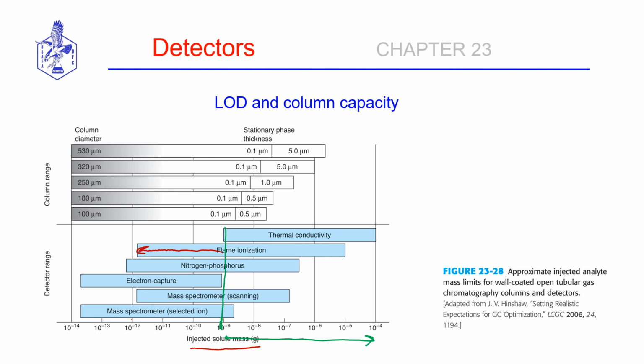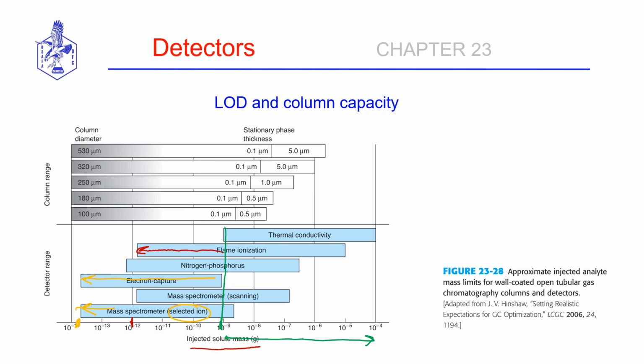It can detect 10 to the negative 12 grams of an analyte species. The nitrogen phosphorus is just a little bit better than the flame ionization. And if you'll notice, the electron capture detector, wow, it's super sensitive, very low limits of detection, down around 10 to the negative 14th, as is a mass spectrometer, in which we're doing selected ion analysis.